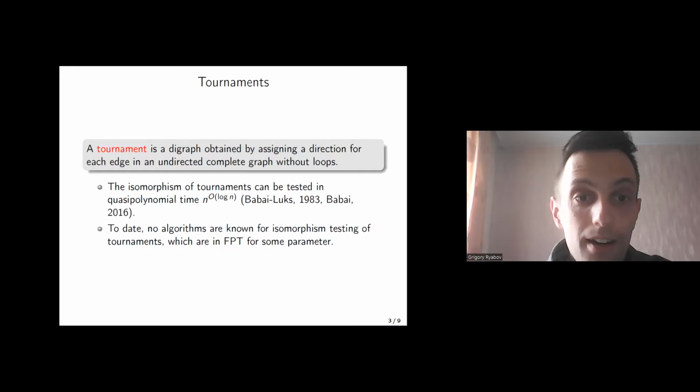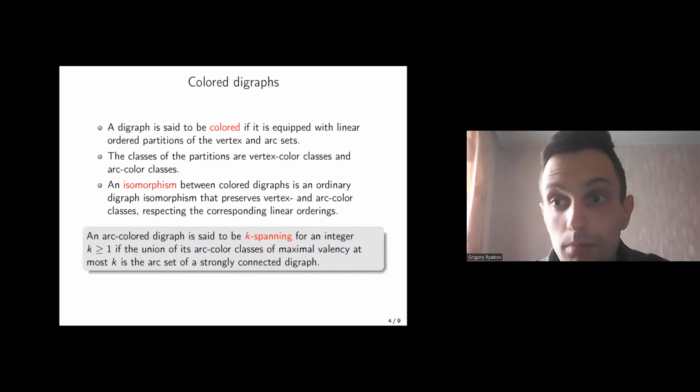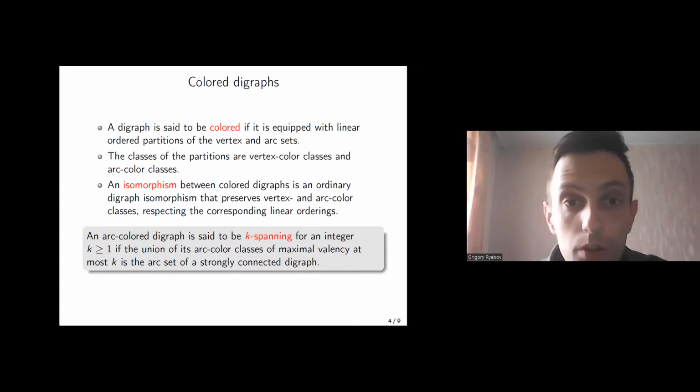So let's move to colored digraphs. I will provide some maybe very easy definitions, but only to establish our terminology on colored digraphs. A digraph is said to be colored if it is equipped with a linearly ordered partition of the vertex and arc sets.